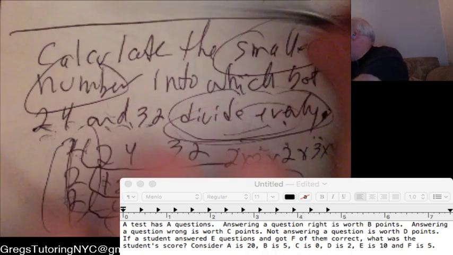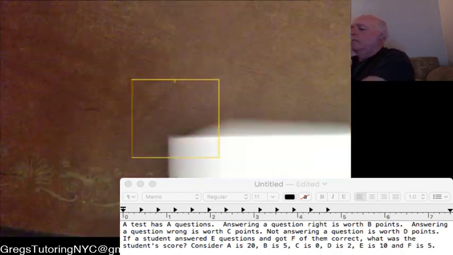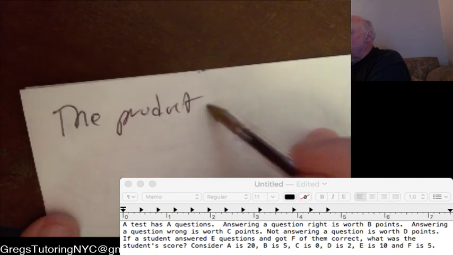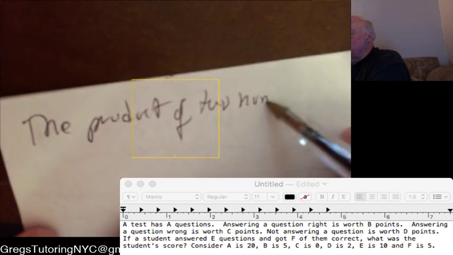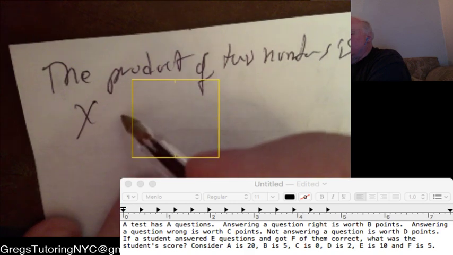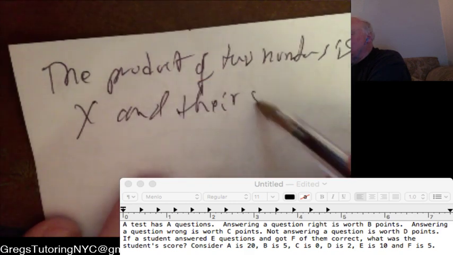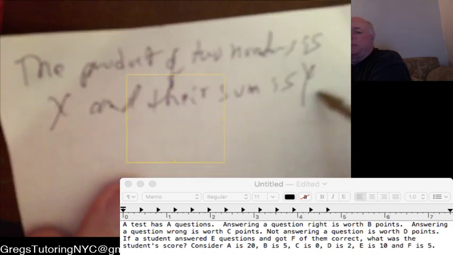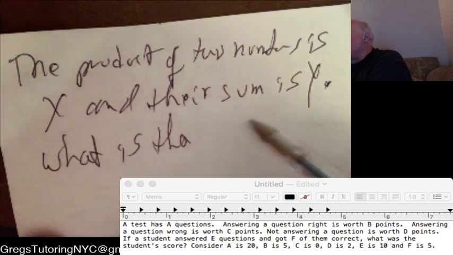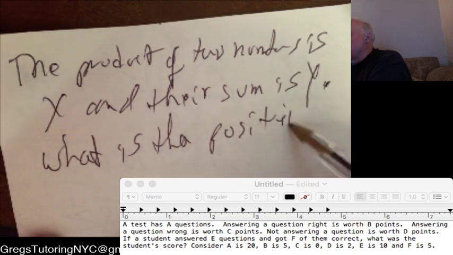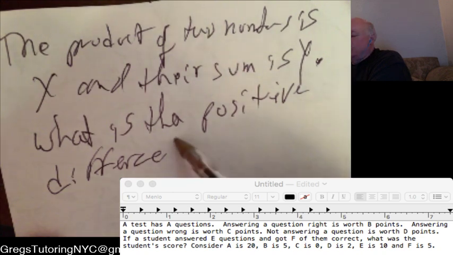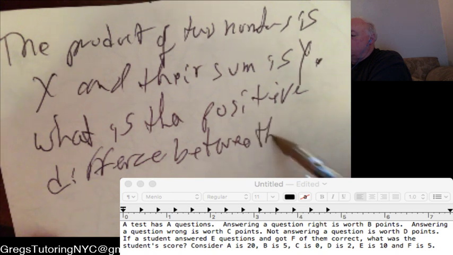All right, yeah, let's do this one. The product of two numbers is X and their sum is Y. What is the positive difference between the two numbers?